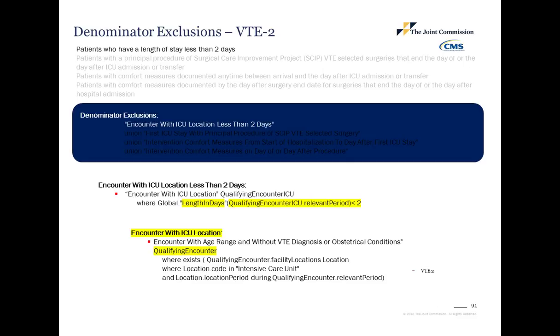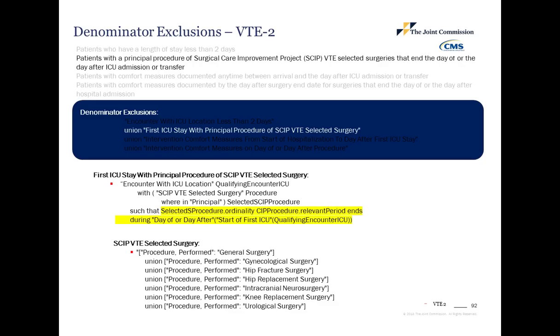Moving to the first exclusion, we pull in the qualifying encounter with an ICU location stay, but in the final definition, the length in days calculation is actually referring to the hospital stay to be less than 2 days. Here in the second exclusion, first ICU stay with principal procedure of skip VTE selected surgery.